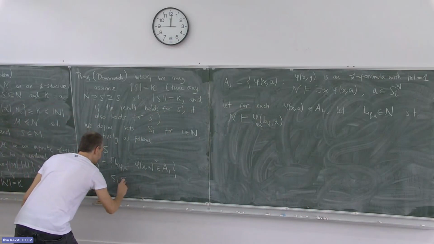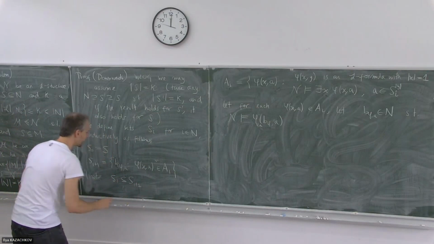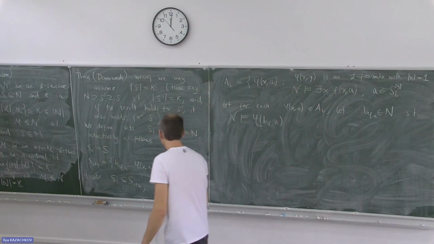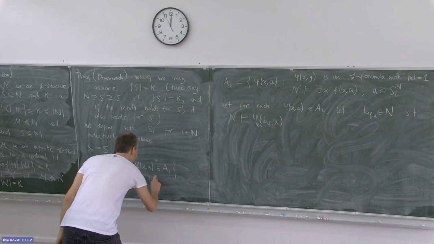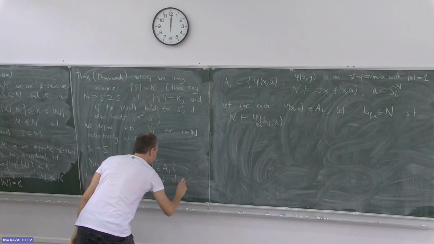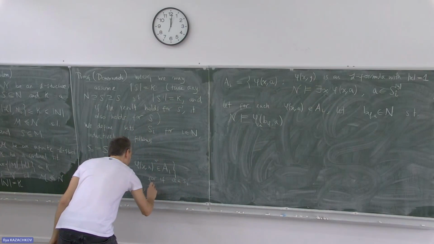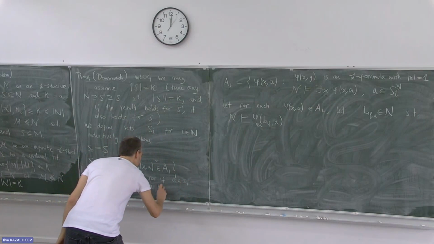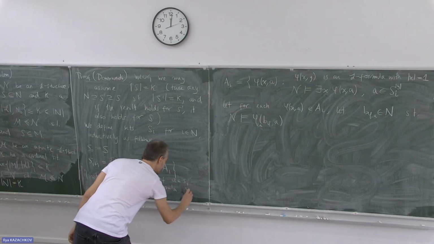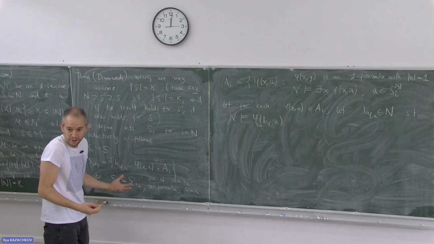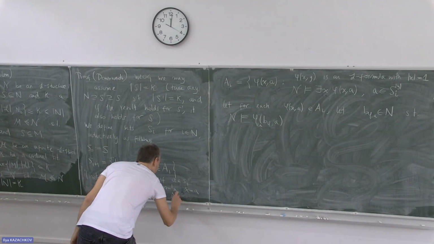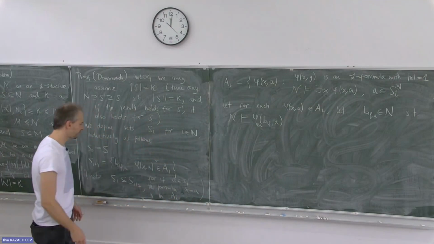Note that S_i is already contained in S_{i+1}, because for sure all these formulas also contain the formula, let's say A is contained in S_i, the formula x equals A belongs to A_i.